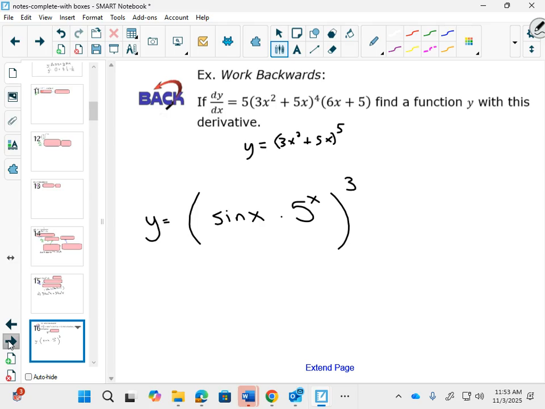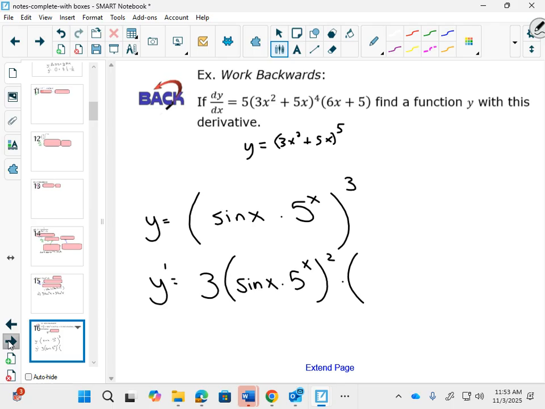So if we were doing our wording for chain rule, we would say the derivative would be derivative of the outside function, keep the inside the same. No problem so far? Multiply by what? Multiplied by the derivative of the inside.